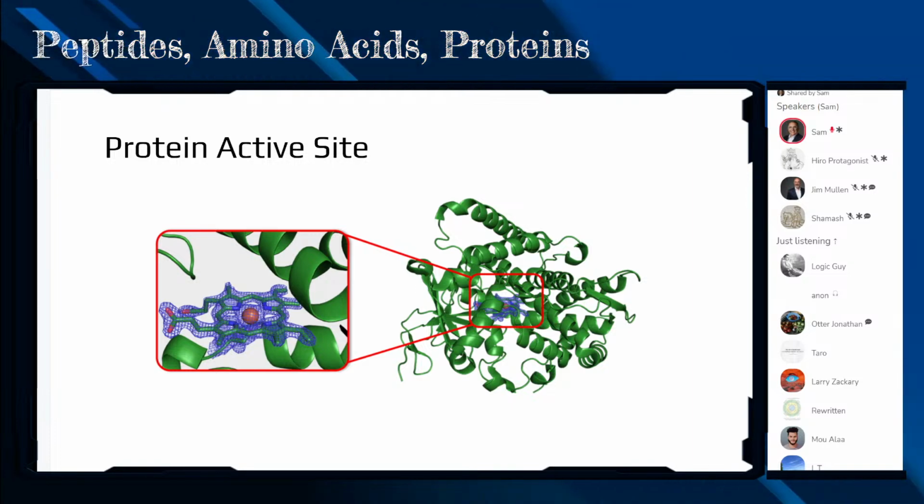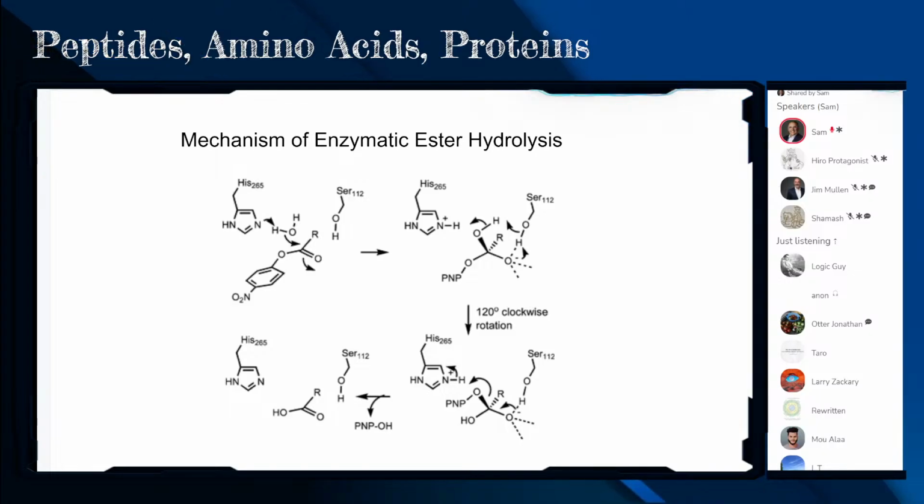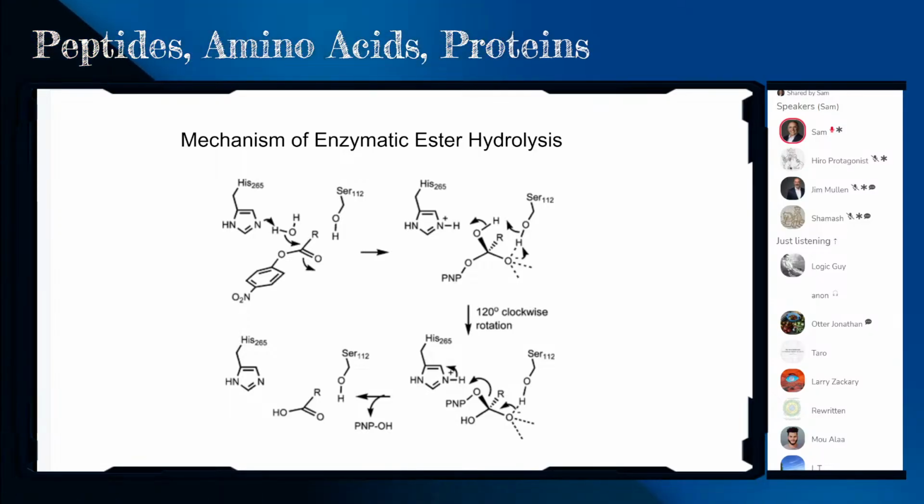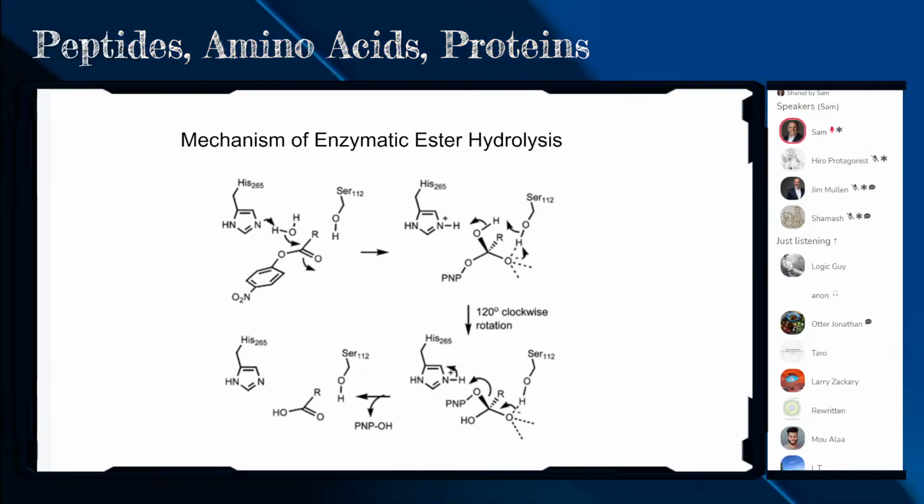So what happens inside of that active site? This is what I promised at the beginning. So now we can understand this slide 26. We see on the left, we have a histidine.